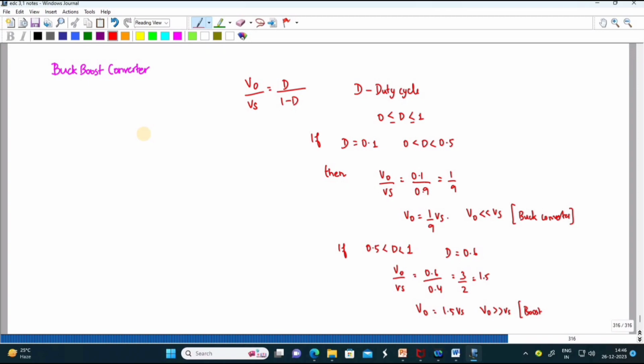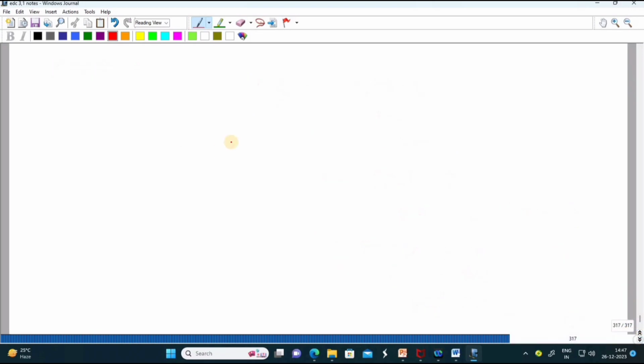This is equivalent to a flyback converter, which uses a single inductor instead of a transformer. So let us discuss the diagram for the buck boost converter. You have a switch, either a MOSFET or a switch.